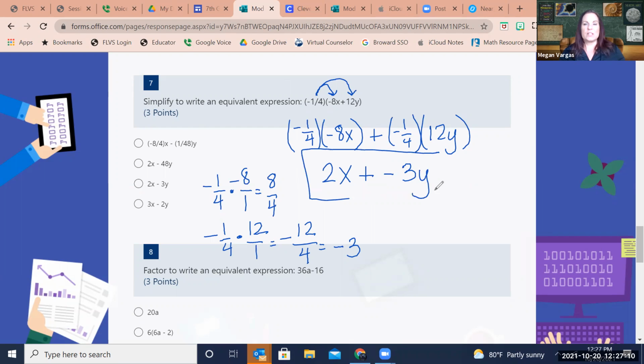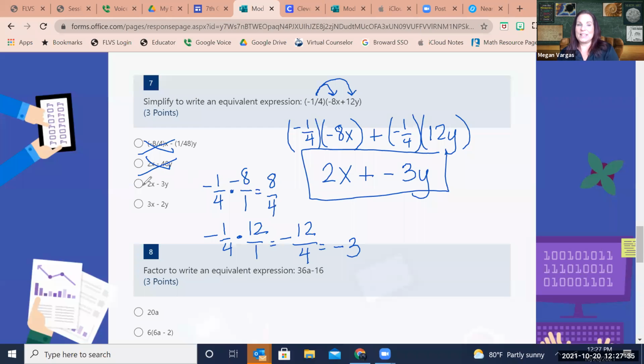Which answer choice means the same thing as this? Anyone want to chime in? We know it's not this. We know it's not this. Yes, Madison, good.